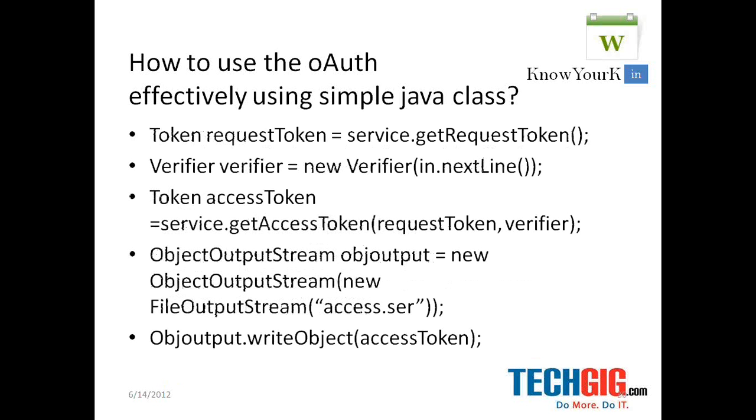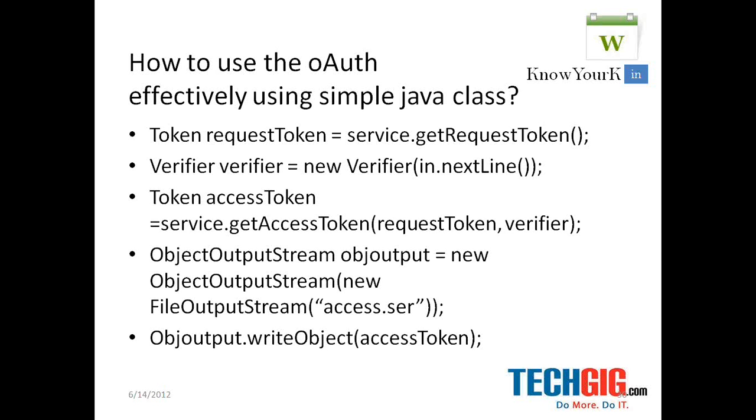So here you get the OAuth service, and you get the request token out of the OAuth service, and you get the request token object, which is then verified across the users, basically who signed in to Know Your Kin.